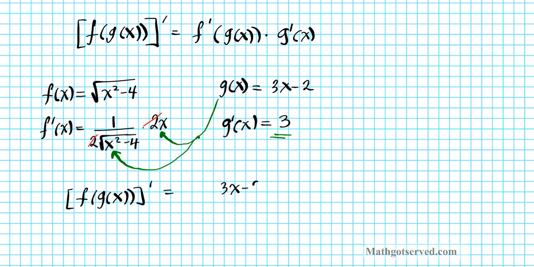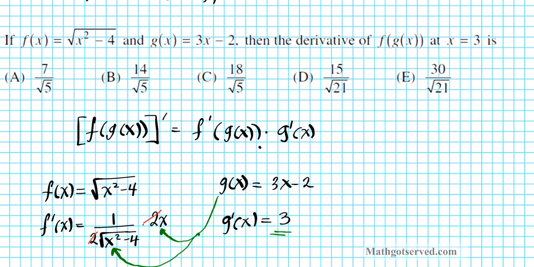We'll have 3x minus 2 divided by the square root of, instead of x squared, we just plug g in there. So it's going to be 3x minus 2 quantity squared minus 4. So this is f prime of g of x, okay? Multiplied by g prime of x, which is just 3.